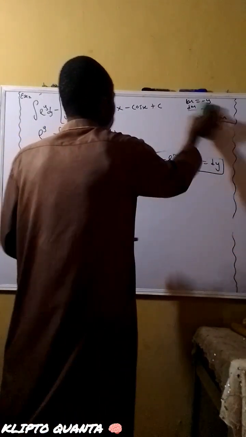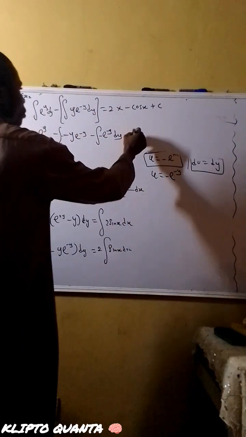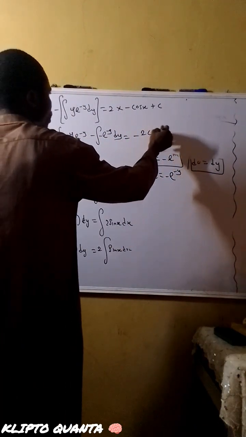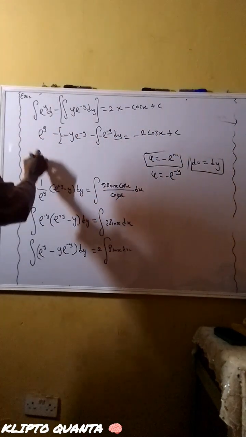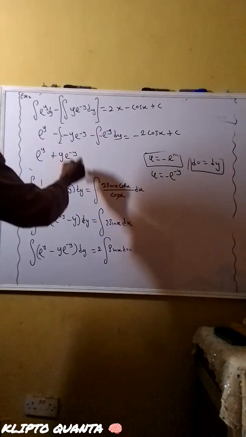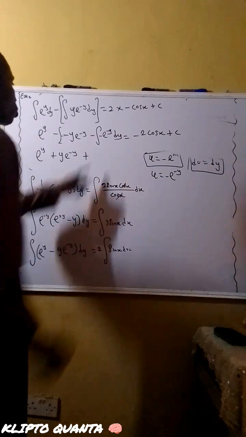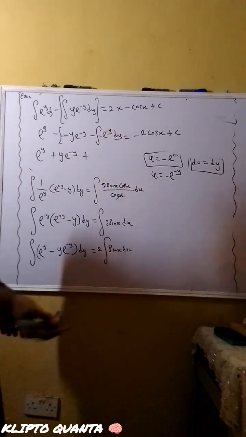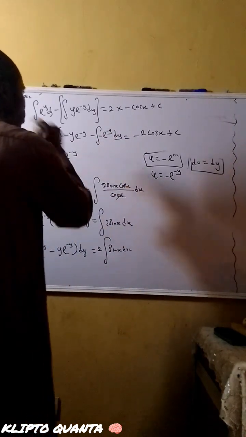So that is equal to negative 2 cos x plus c. So at this point you have e raised to power y, then plus y e raised to power negative y. Then you should know this to become plus. So you should know integrating e raised to power negative y directly, you are going to be having what? Let's still put it there like that.